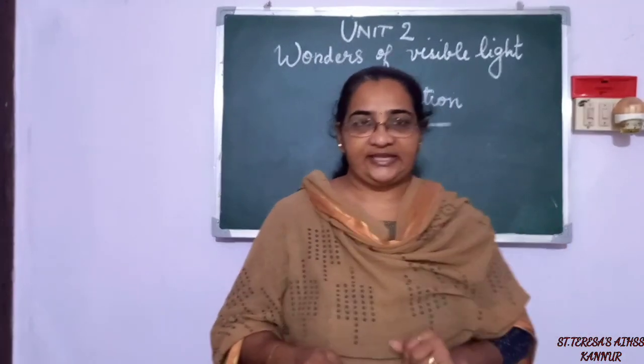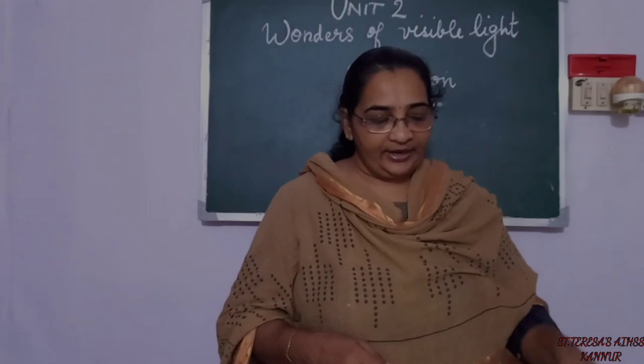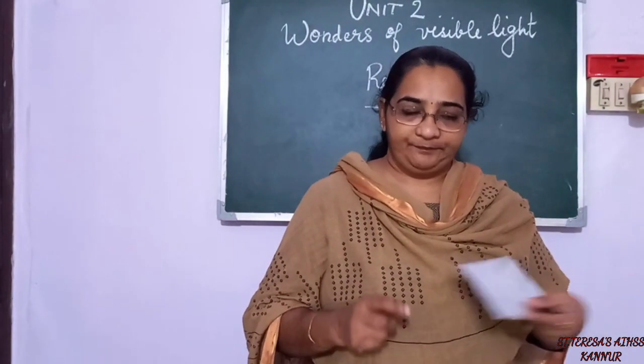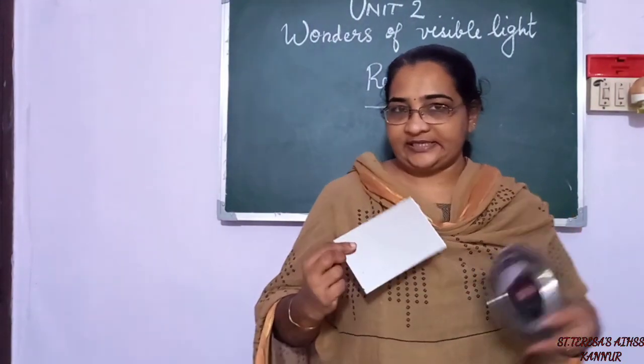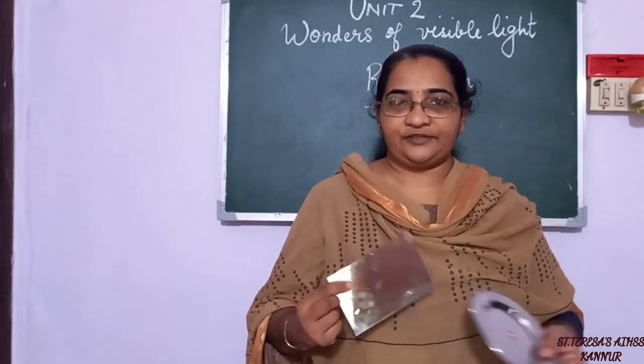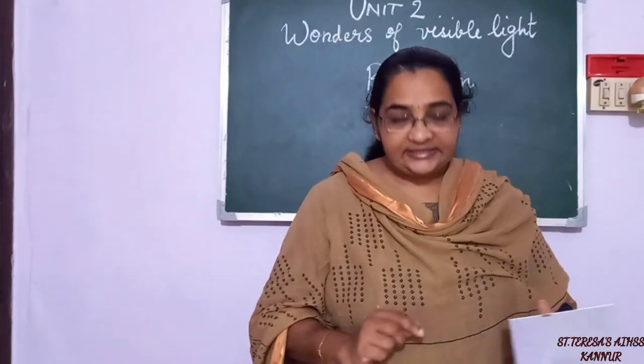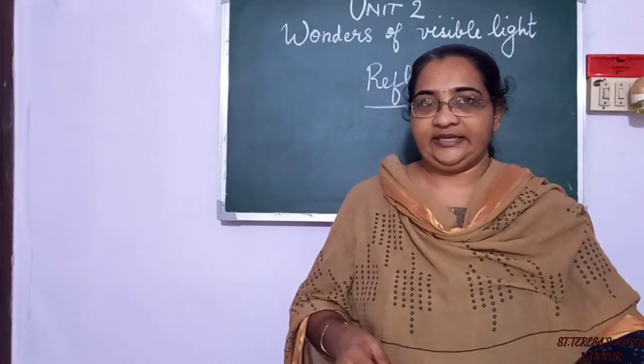Which is the first type of reflection? When light falls on a mirror or a steel plate or any other smooth surface like a tile, it is reflected regularly.